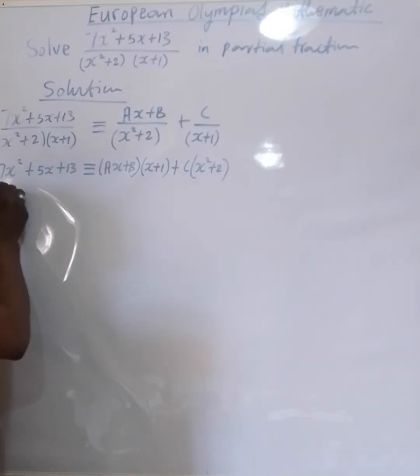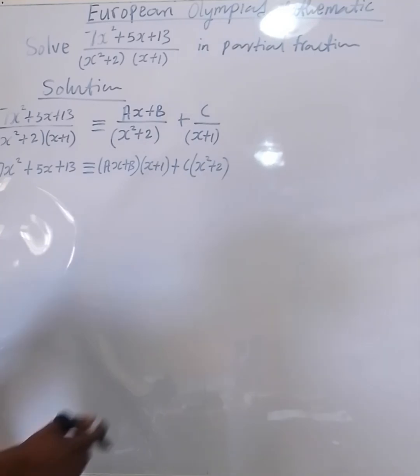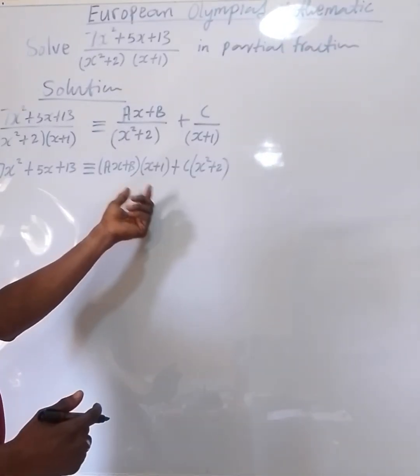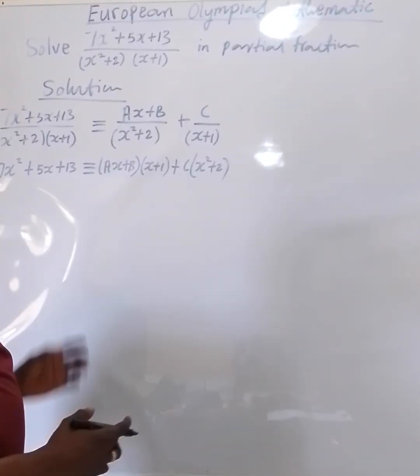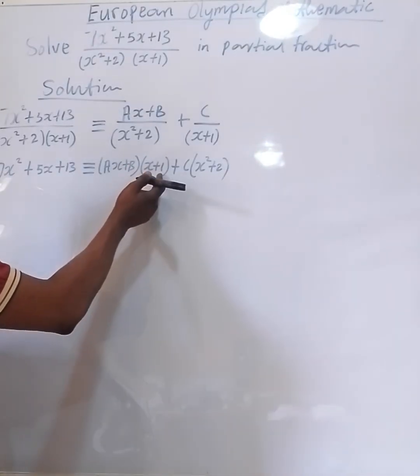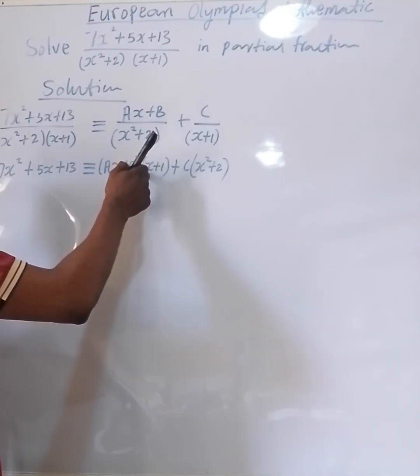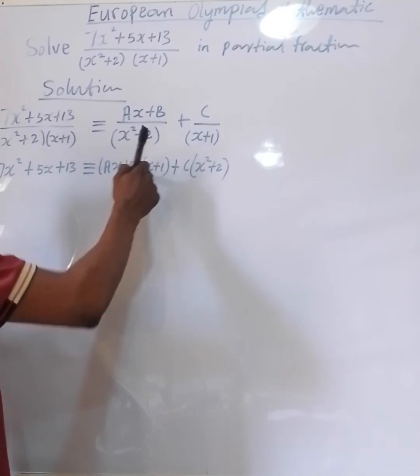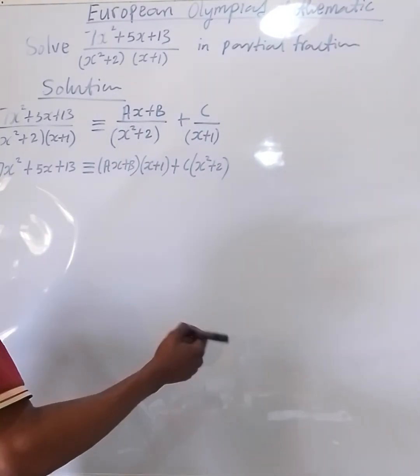Now as we have it like this, we make one bracket equal to 0 for us to get the other one. So x + 1 here, what can we use for x that will turn this bracket to 0, which is minus 1.